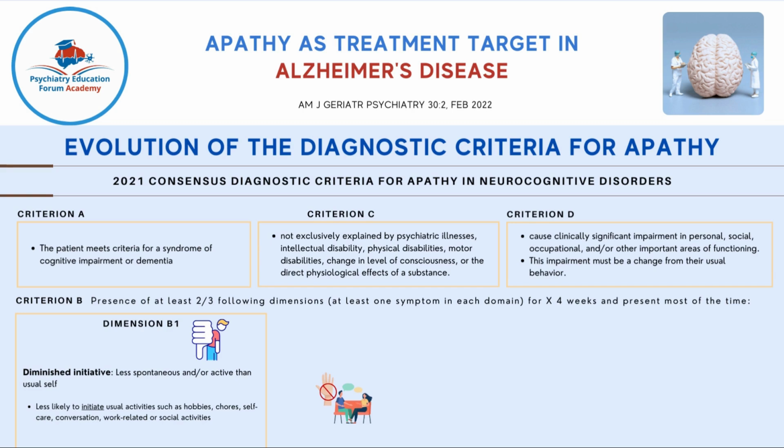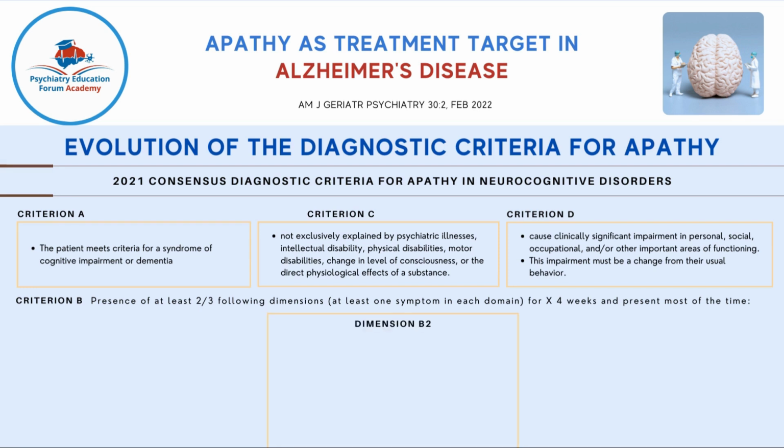These are the examples I just mentioned: self-care, conversation, social activities, hobbies, chores, they're less likely to initiate it. So the initiative part is dimension B1. You can see they have compiled many things together here. I think they want to make it easier.